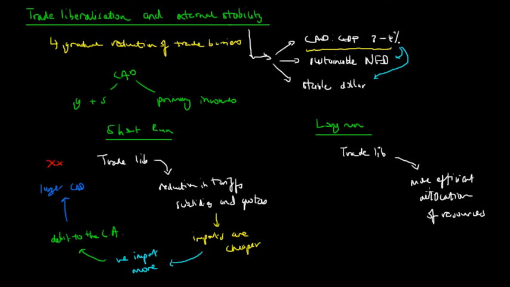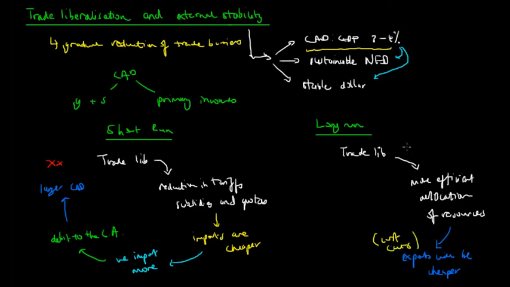So with a more efficient allocation of resources, this would mean that our exports will be cheaper. And this is due to cost cuts, or cuts in our production costs.